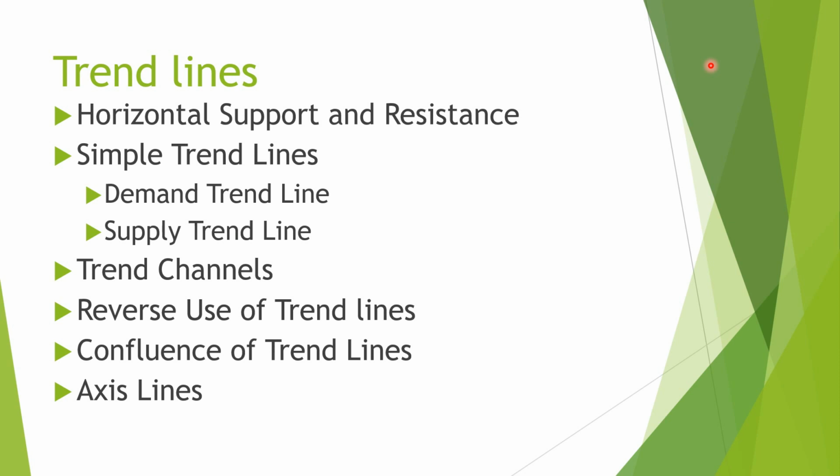Then we will also understand break of market structure based on these concepts, which will help us to identify change in trend. There is one more form of market structure in the form of higher high higher low formation for uptrending structure or lower low lower high formation for downtrending structure.